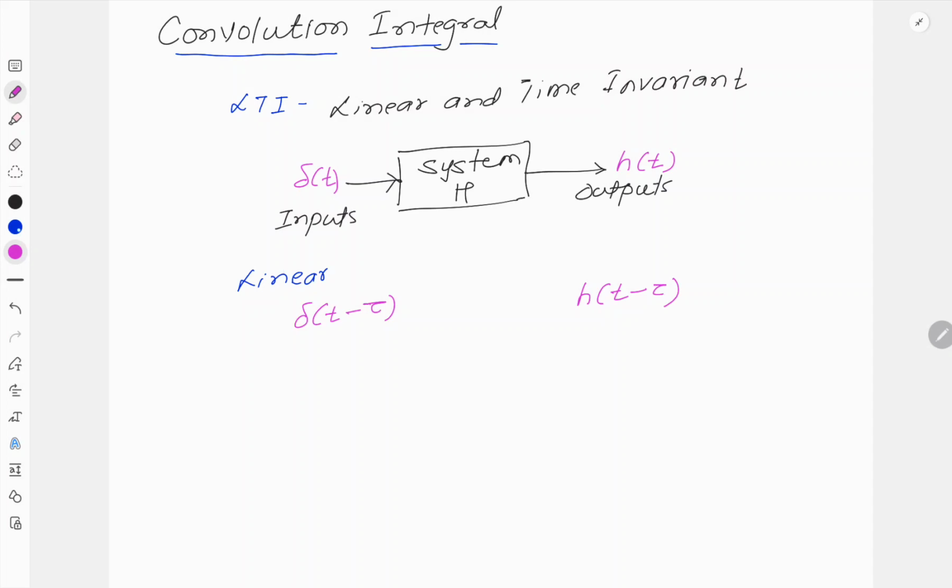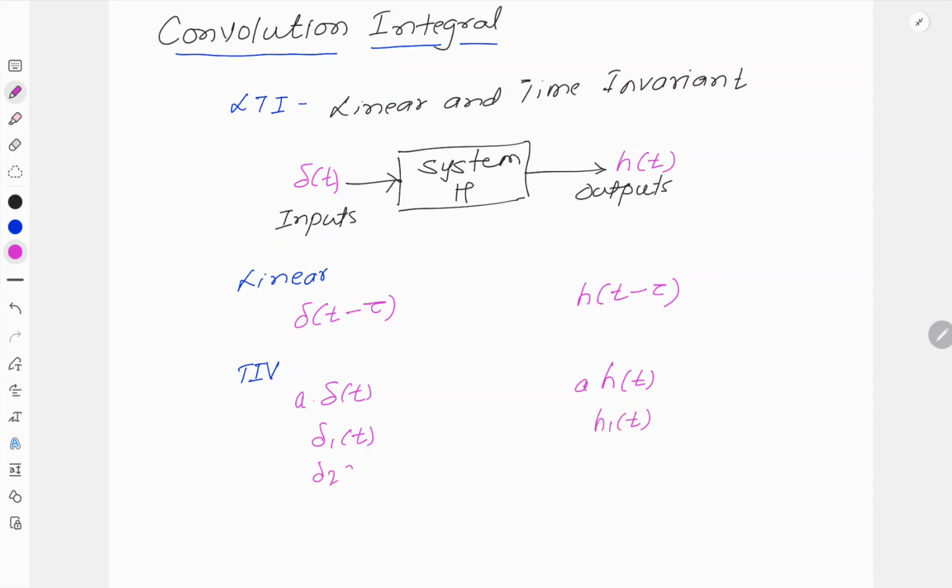Secondly, our system is a time invariant system. In short, we write it as TIV, time invariant system. Now, what this states is that if I scale my input by a certain factor, let's say a into delta of t, I will get output as a into h of t. Similarly, if I apply delta 1 of t as input, I will get h1 of t as output.